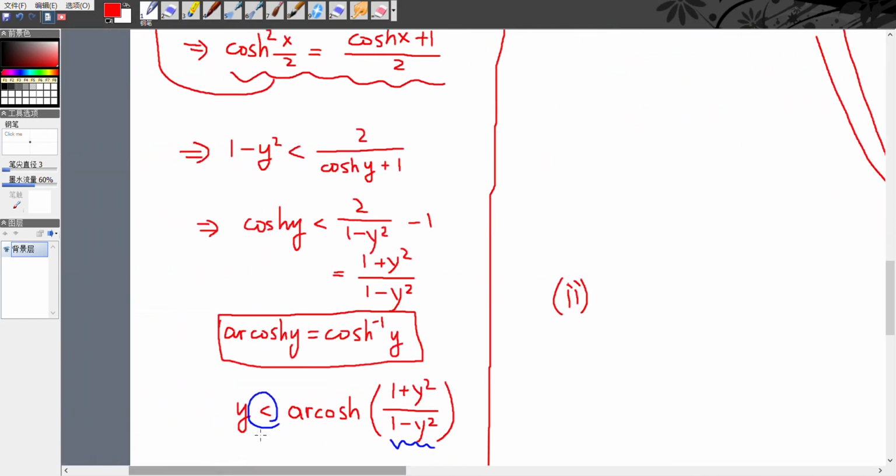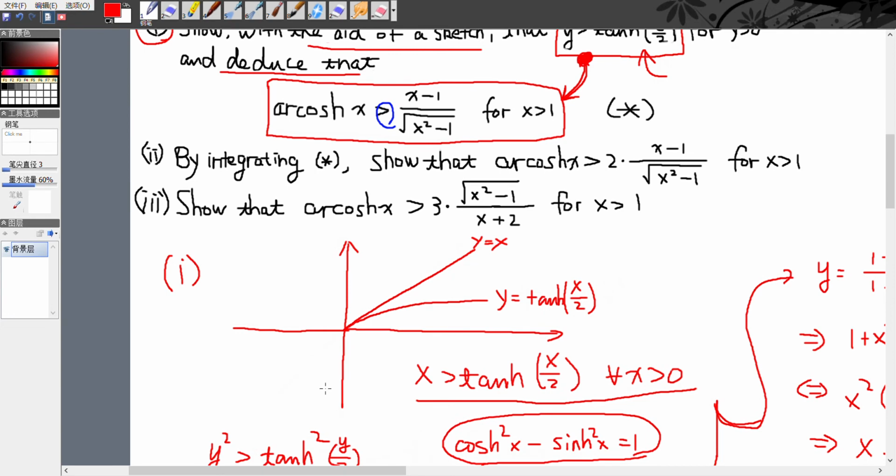And in our second question, it says by integrating this star, show that arccosh x is bigger than 2 times (x minus 1) over the square root of (x squared minus 1) for x is bigger than 1.